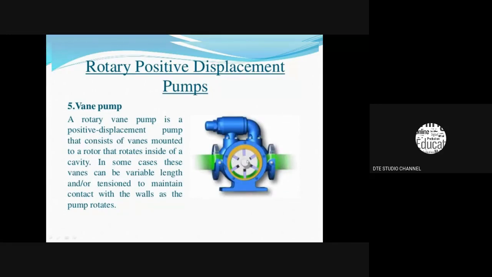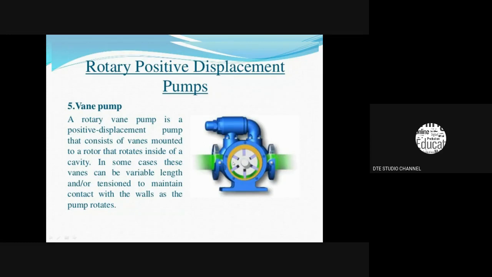Whenever the rotor is rotating, fluid enters at the inlet. Between the rotor and casing, the volume goes on increasing for half rotation, and again for another half rotation, volume is gradually decreasing. It's nothing but for half rotation of the rotor, the pressure gradually decreases and volume increases.